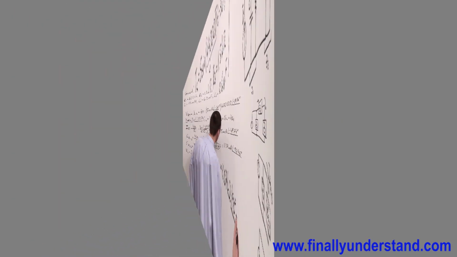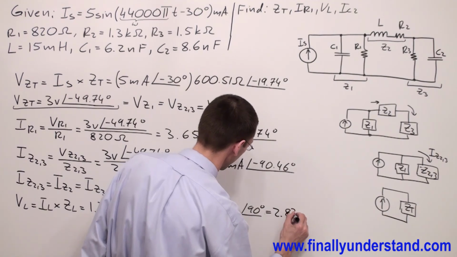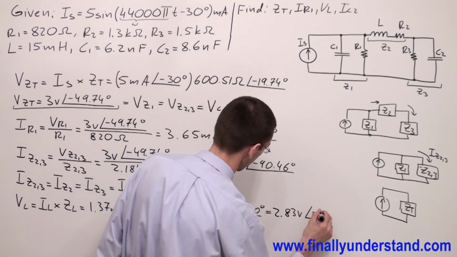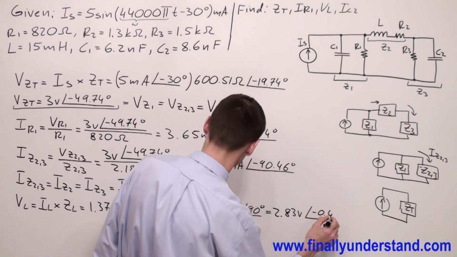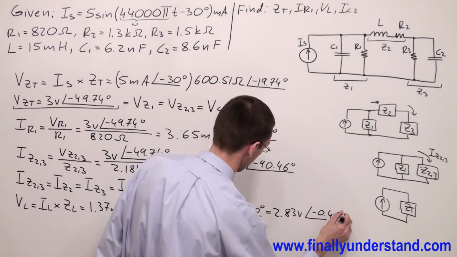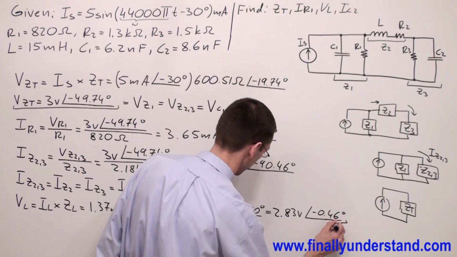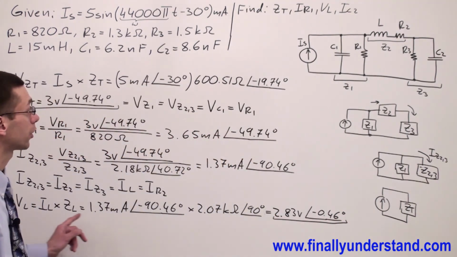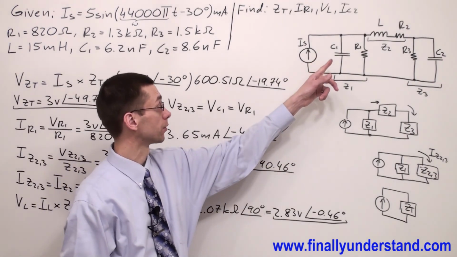This is equal 2.83 volts and angle of negative 0.46 degrees. Okay, so this is the voltage across the inductor.